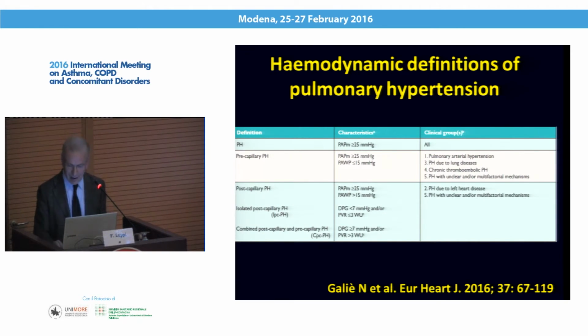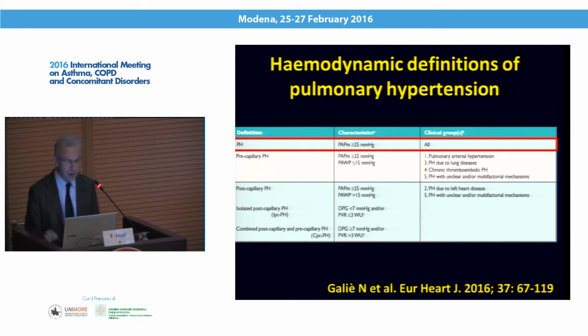But for my purposes, I define pulmonary hypertension as a condition in which you have a mean pulmonary arterial pressure higher than 25 millimeters of mercury, and when you have a low wedge pressure, you have a precapillary pulmonary hypertension, which is characteristic of class 3 of the WHO classification, which is pulmonary hypertension due to lung diseases.